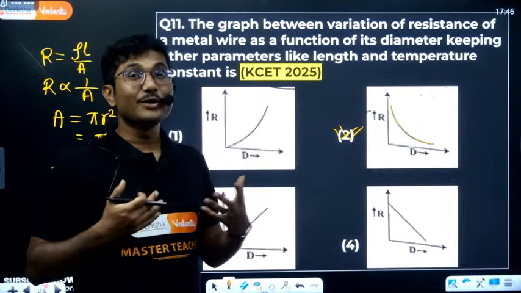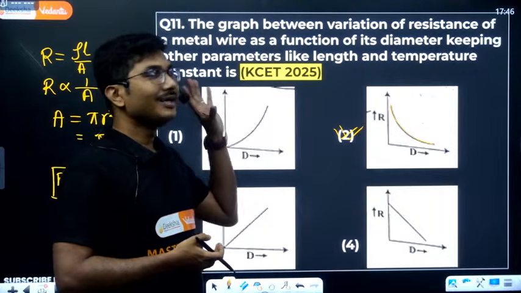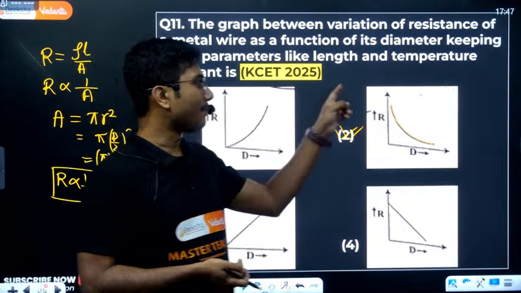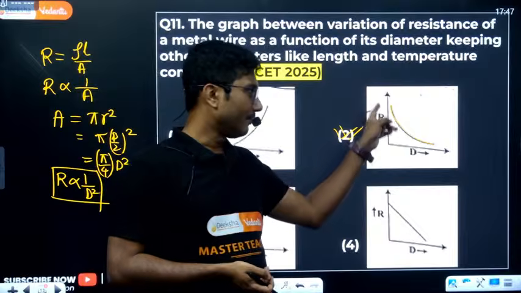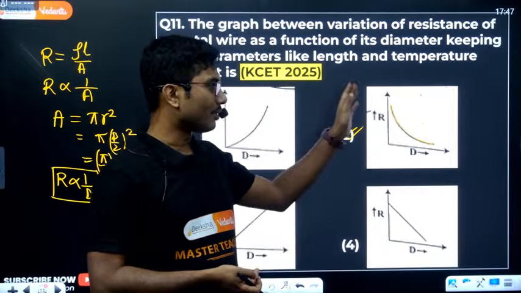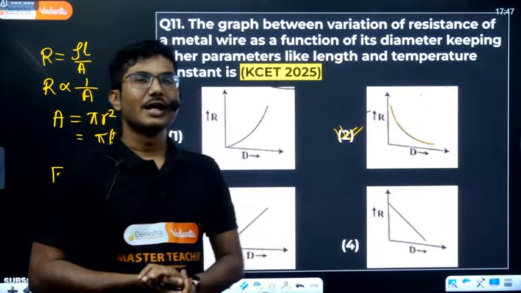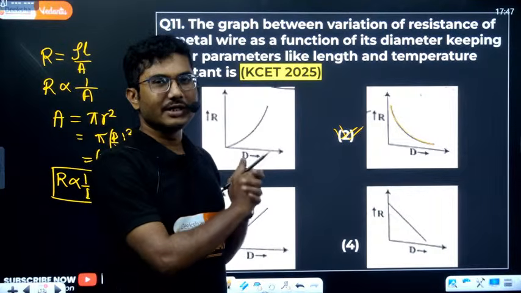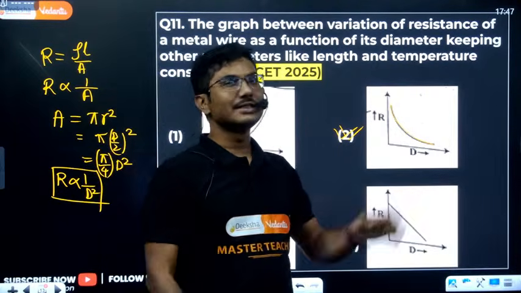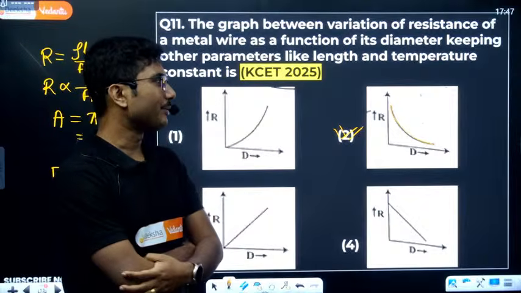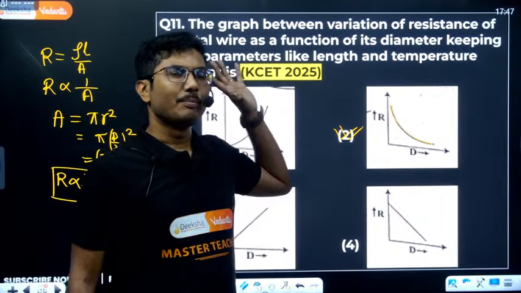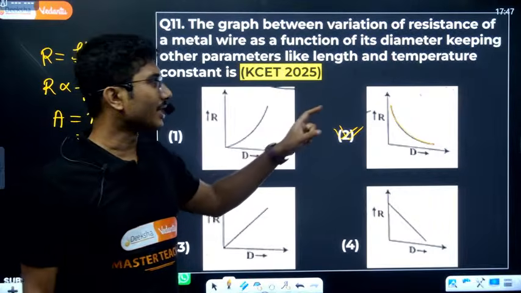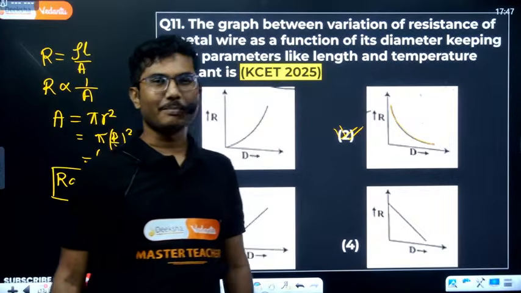If you are not able to figure out the pattern of the graph, remember, if there is a pattern like this, inverse square or normal inverse graph, there is an 80% chance based on historical evidence that this will be the correct graph. Because in KCET there are multiple graph based questions, and in 80% of those cases the correct answer turns out to be this kind of pattern.